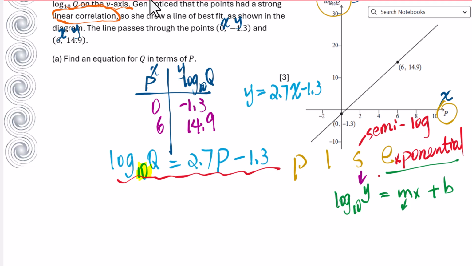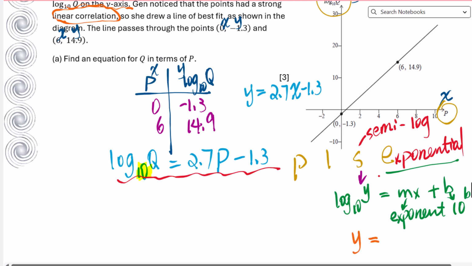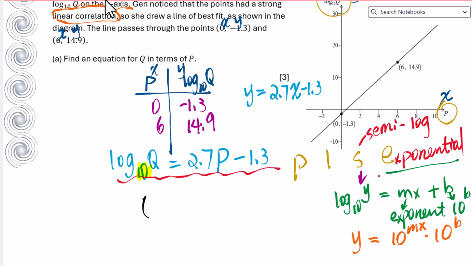This m will be the exponent, and b will be changed into 10 to the power of b as a coefficient. So we got y equals, base is 10 to the power of mx times 10 to the power of b. So go back here, Q equals 10 to the power of 2.7P times 10 to the power of -1.3.